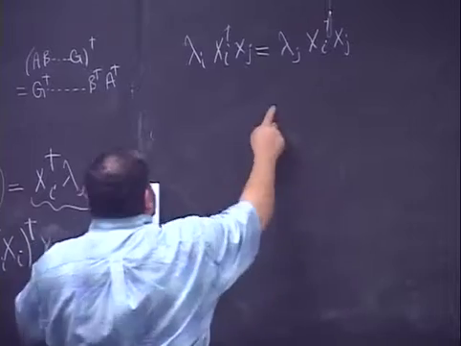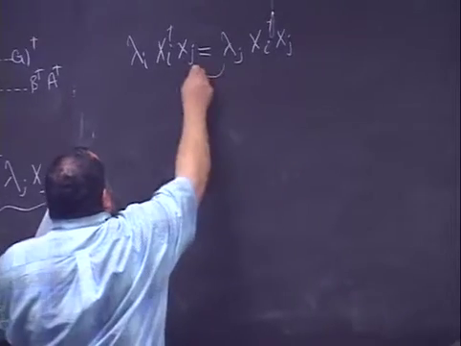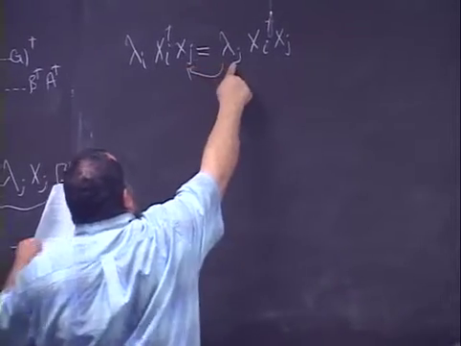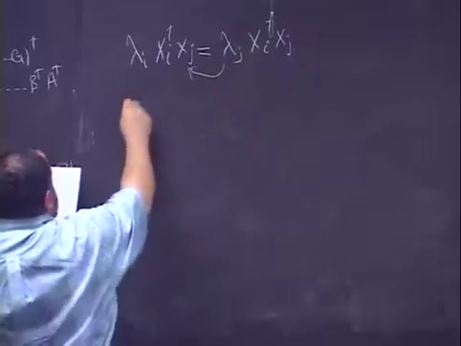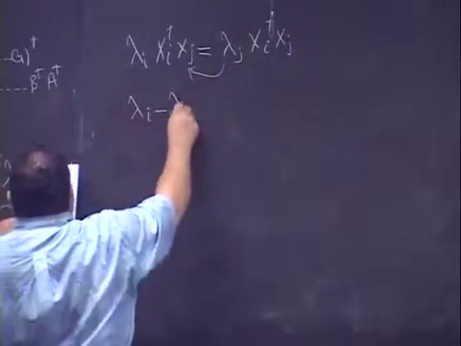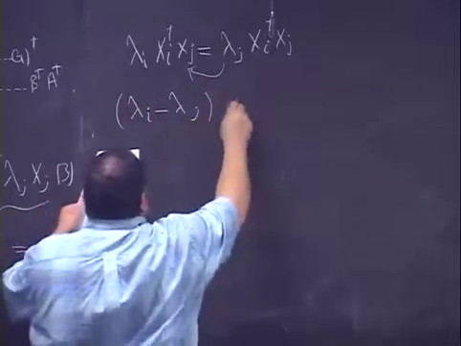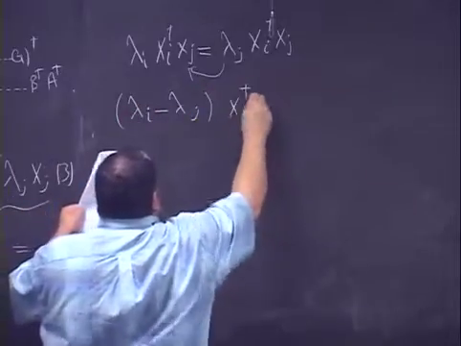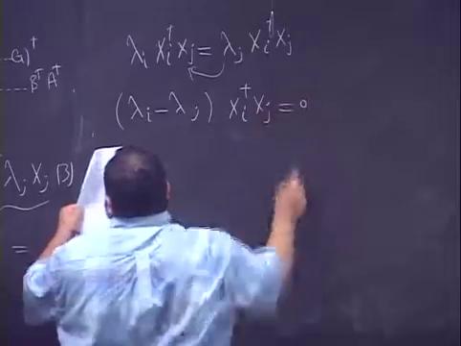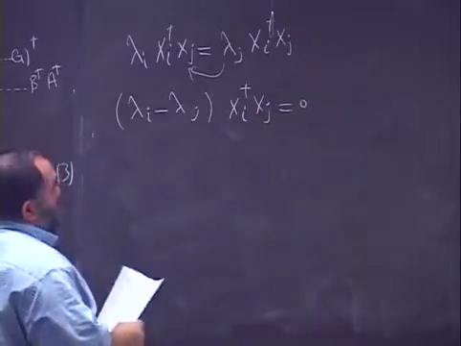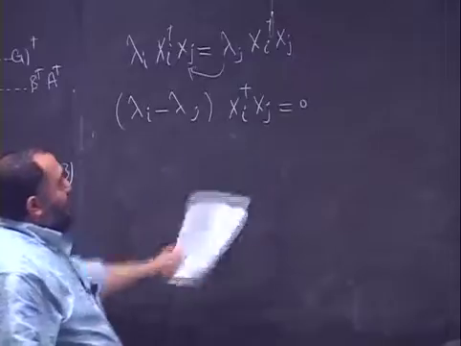What you will understand from here is take this right hand side to the left hand side, so this will give you lambda i minus lambda j, all multiplied by Xi dagger Xj, and this will be equal to 0. But this is for matrices.